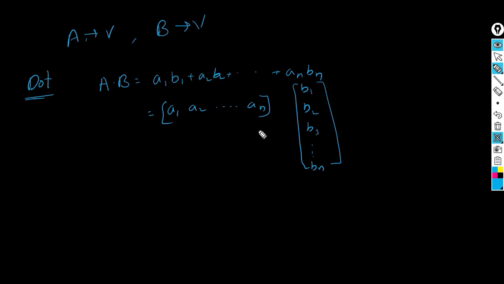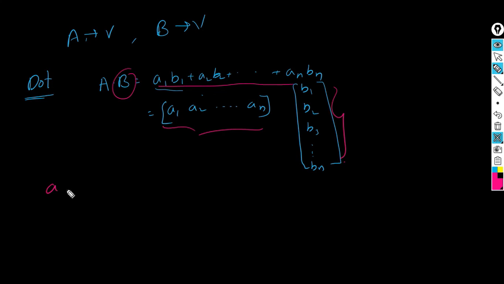If you multiply these two vectors, we will get this only. We will get this one only by multiplying these two vectors. We can represent A like this and B like this. This is what we discussed previously, the representation of a vector.